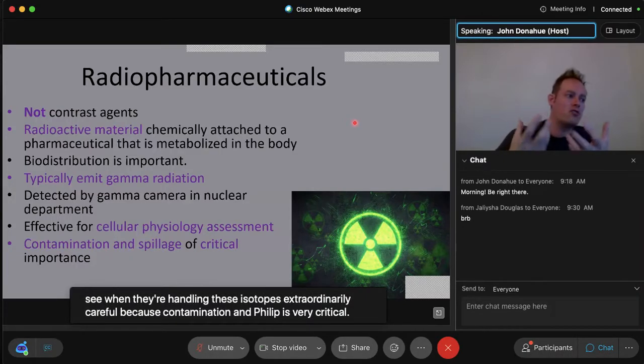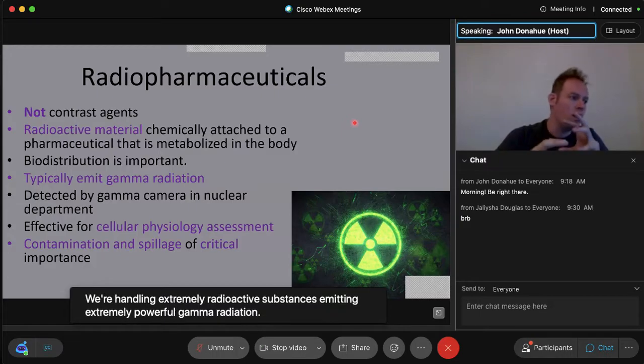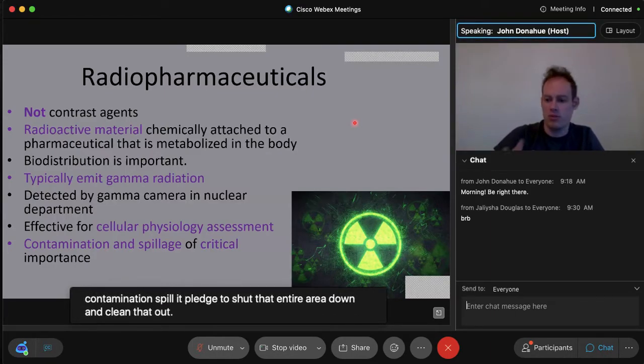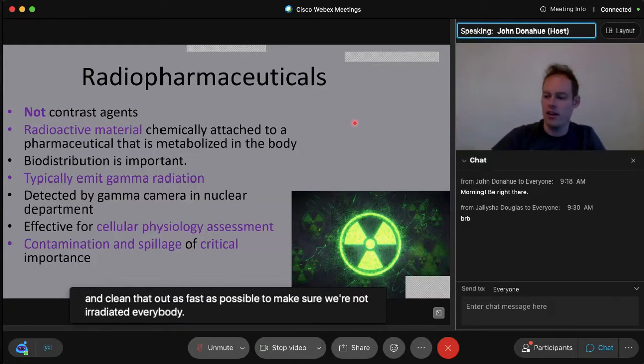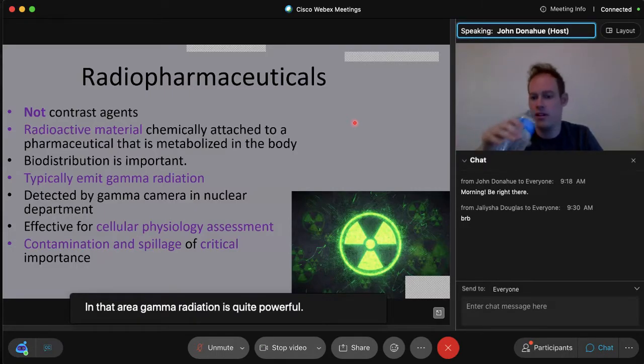We're handling extremely radioactive substances emitting extremely powerful gamma radiation. So if any kind of mistake is to occur, especially when it comes to contamination and spillage, they're going to have to shut that entire area down and clean it out as fast as possible to make sure that we're not irradiating everybody in that area. Because gamma radiation is quite powerful.